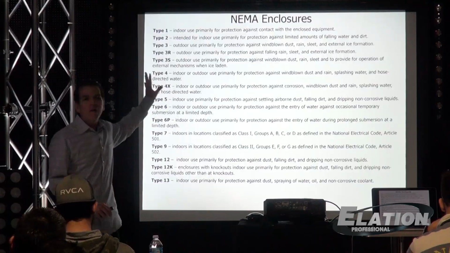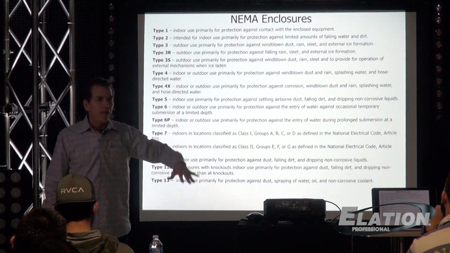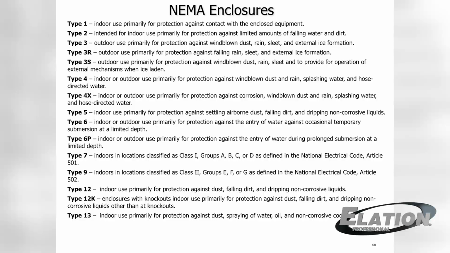Now, the NEMA ratings, these are US and Canada ratings, and they go from type 1 up to type 13. Typically what you see for outdoor, like for example, transformers and junction boxes, you'll see a type 3R. So it's outdoor, used primarily for protection against falling rain, sleet, and external ice formation.